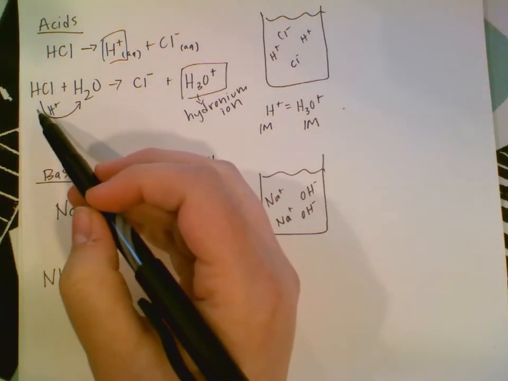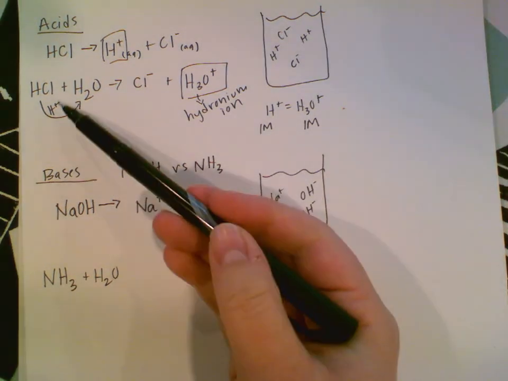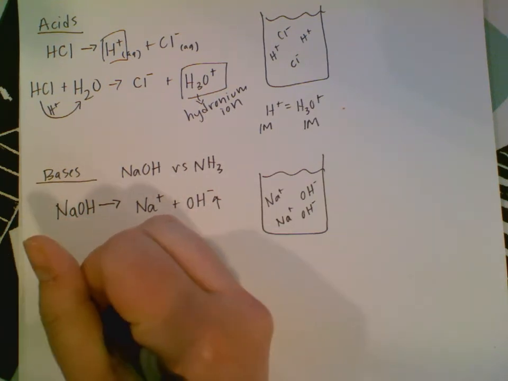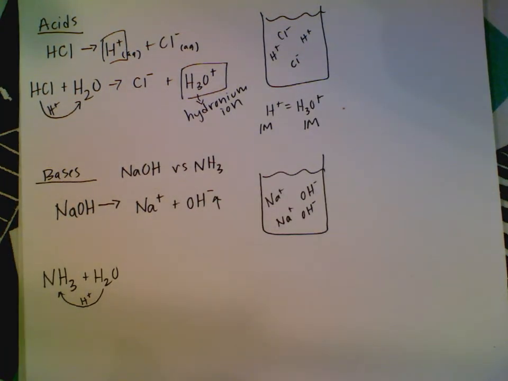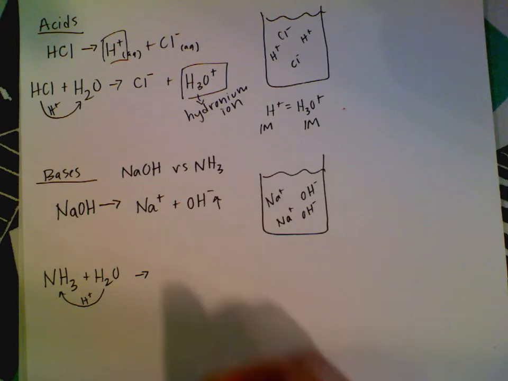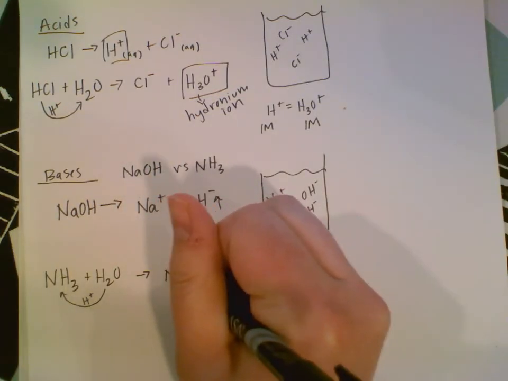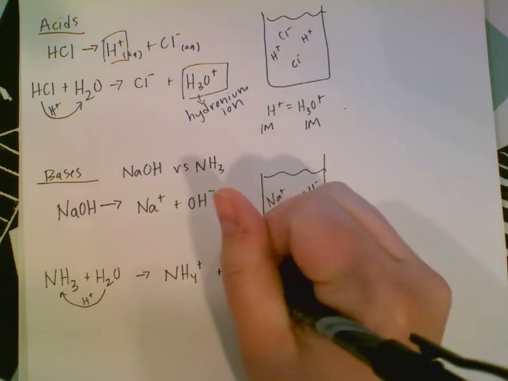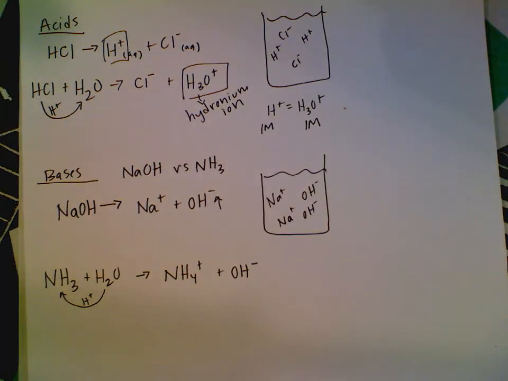And instead of the NH3 losing an H like we lost it for the hydrochloric acid, in this case, water is losing the H. So H2O is losing an H plus, and it's going over to the NH3. When that happens, I produce NH4 plus, the H and the plus charge get added on there. But more importantly, now that the hydrogen ion left the water, I am left with OH minus. Even though the ammonia doesn't have an OH in its formula, because of how it reacts with water, it ends up making an OH minus.